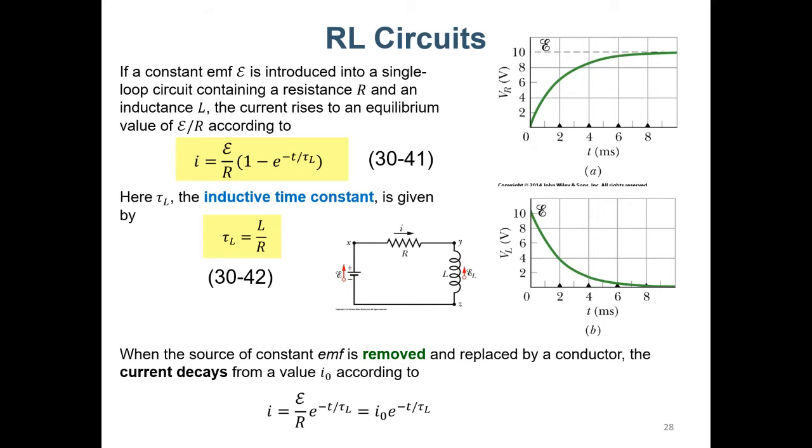So the overall I should be the homogeneous solution plus the particular solution, which is A exponential to minus R over L T plus E over R.